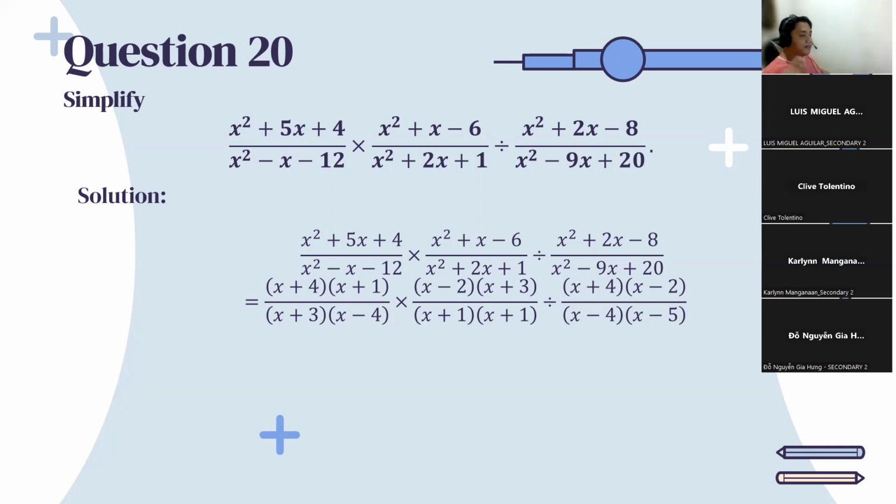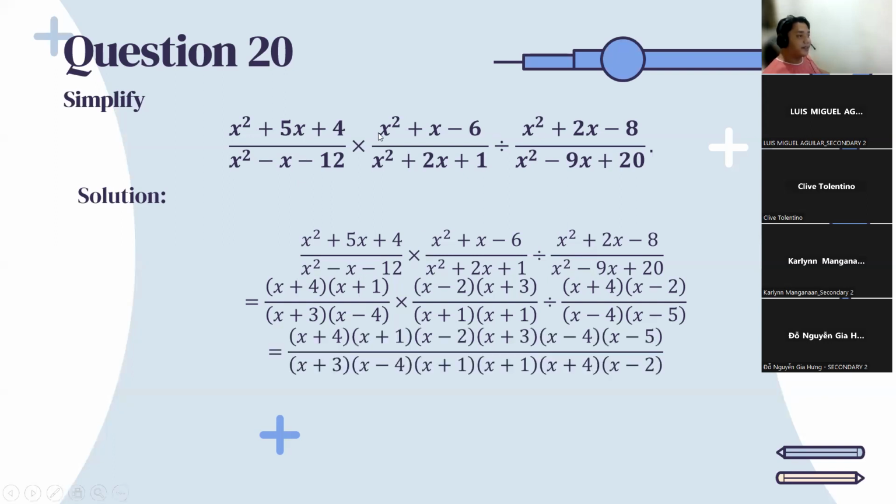The next thing is that since you have the operations multiplication and division, we need to follow the rules when multiplying and dividing. So what we do here is we get the reciprocal of this term right here that we are using to divide, and then we multiply their respective numerators and denominators.